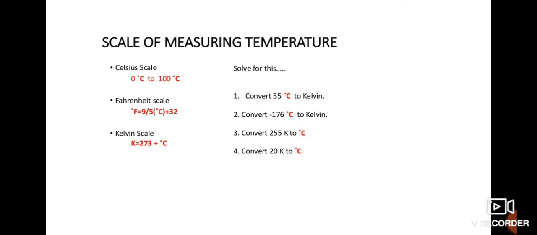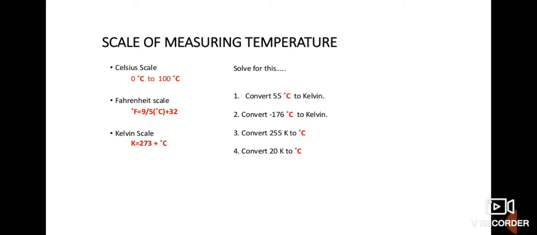Now, there are different scales of measuring temperature. We basically need two scales: one is degree Celsius, another is Kelvin. Remember the conversion factors, how to convert Celsius into Kelvin and Kelvin into Celsius.